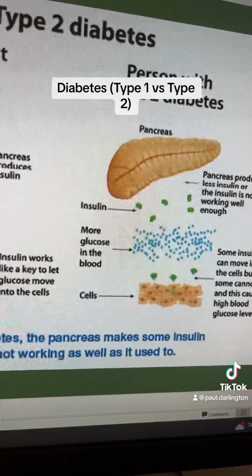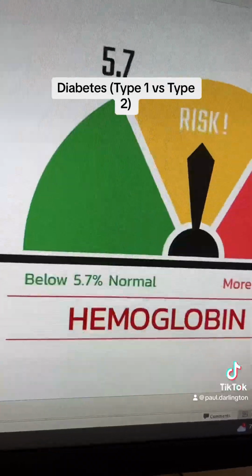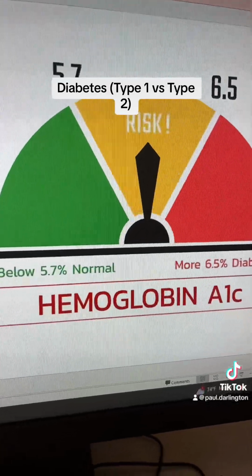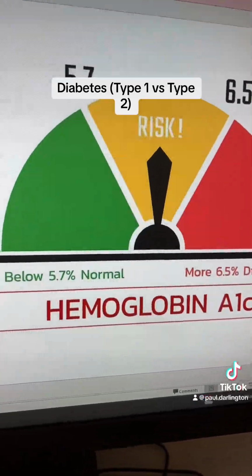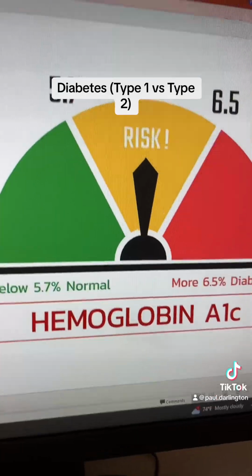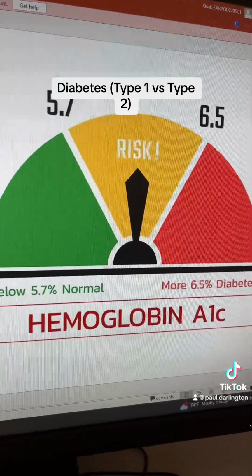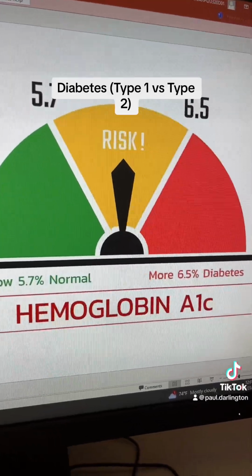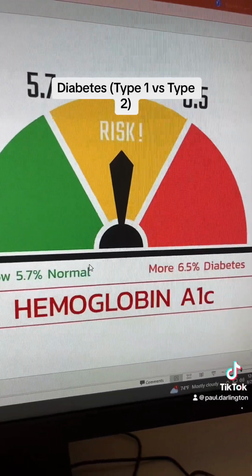Now, how do you know if you are diabetic? In order to know if you are diabetic, you need to know something called the hemoglobin A1C. Okay, hemoglobin A1C. How do you know your hemoglobin A1C? You go see your primary care doctor. They will do your blood work, and based on the blood work, they will come up with a number.